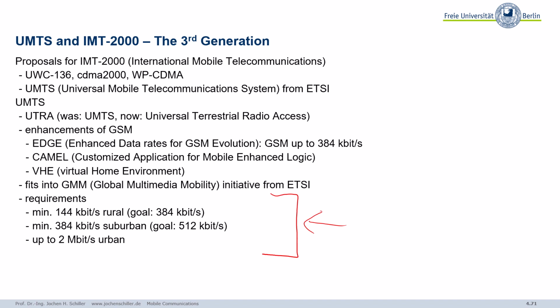urban areas. So that's the basic idea of having a single system, that was the original idea, a single system that covers the whole globe, well, in an ideal scenario, offering a certain number of kilobit per second with goals or minimum requirements in rural, suburban and urban regions.